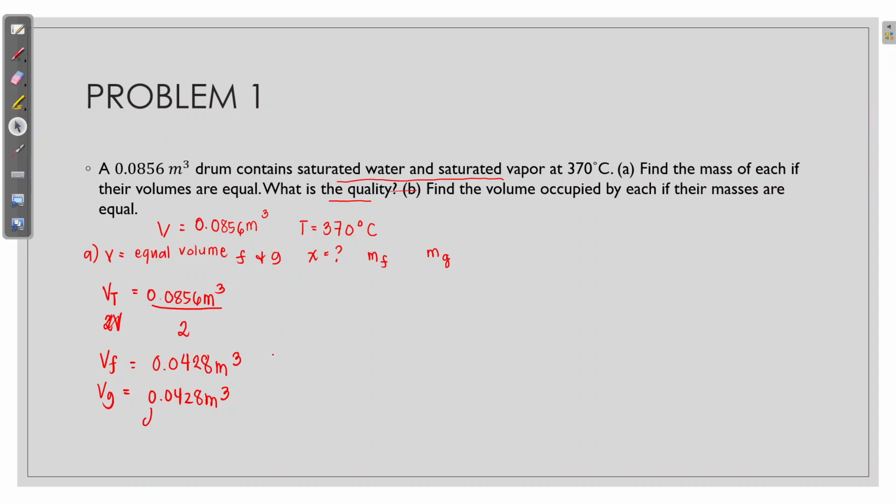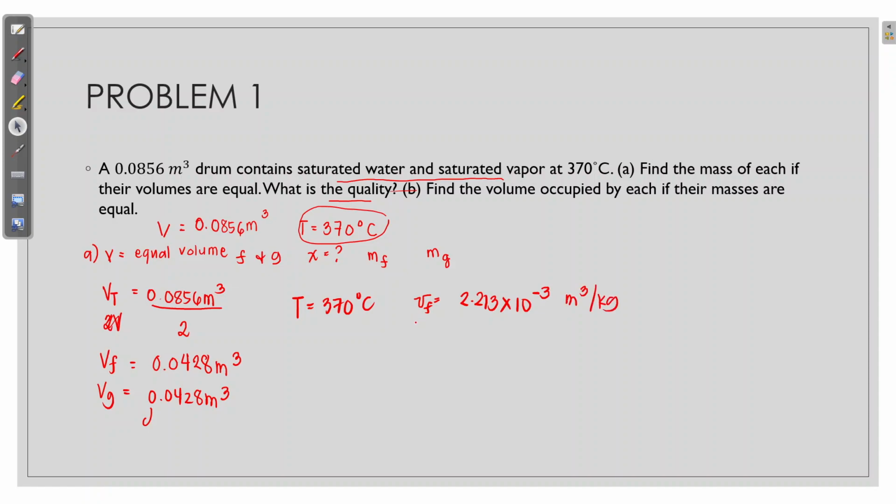So, pag tinignan natin sa steam table at 370 degrees, ang specific volume doon ng F ay 2.213 times 10 raised to negative 3 meter cube per kilogram.